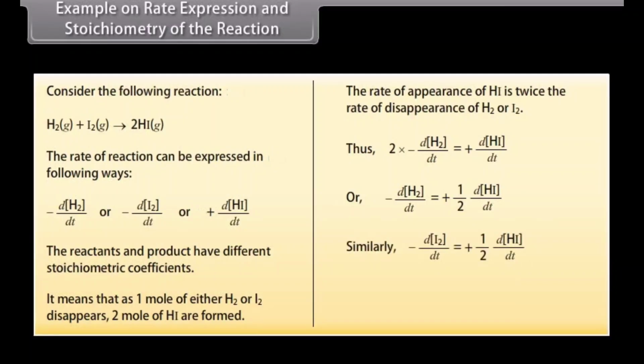Similarly, minus d/dt of [I2] is equal to plus 1/2 d/dt of [HI]. Therefore, minus d/dt of [H2] is equal to minus d/dt of [I2] is equal to plus 1/2 d/dt of [HI].